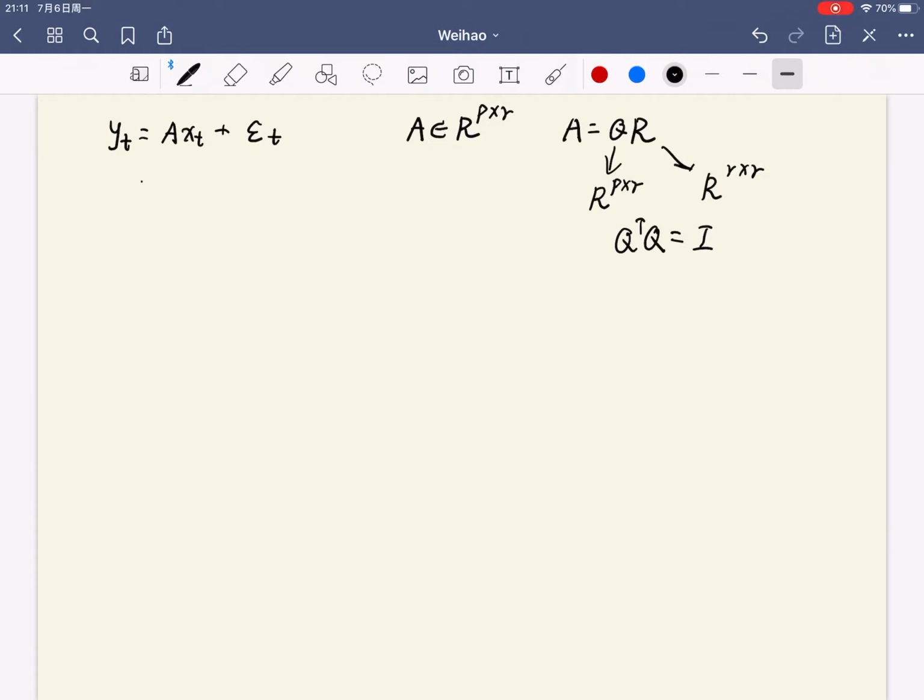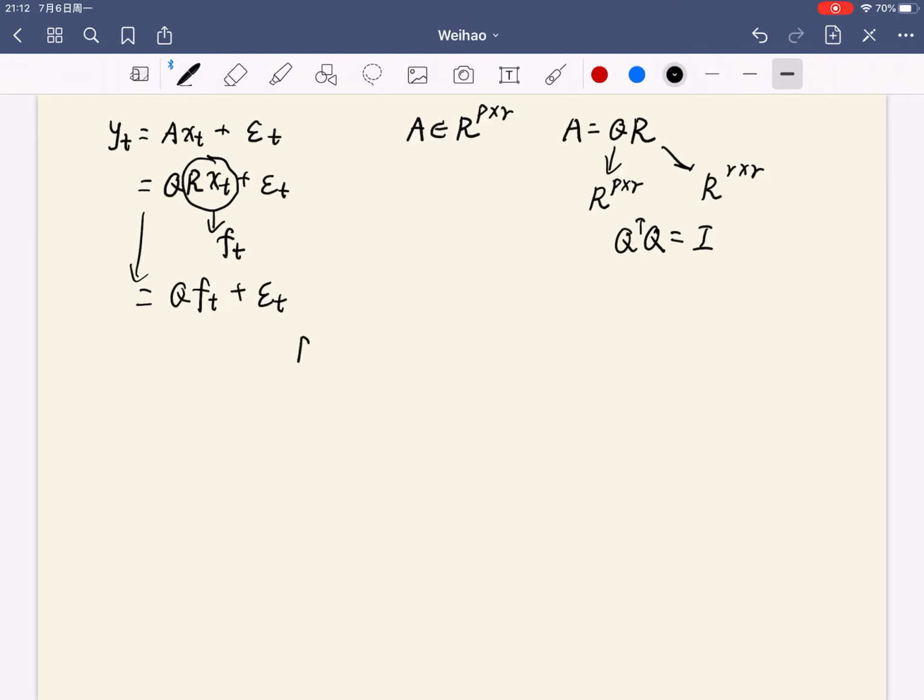So we can rewrite our model and treat this R x_t as a new variable. We can call it f_t. f_t is still a low-dimensional factor process. However, even though we transform the problem in this way, the matrix Q is still not unique because of unitary transformation.